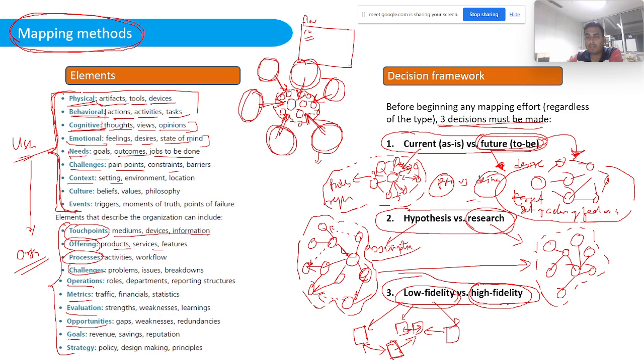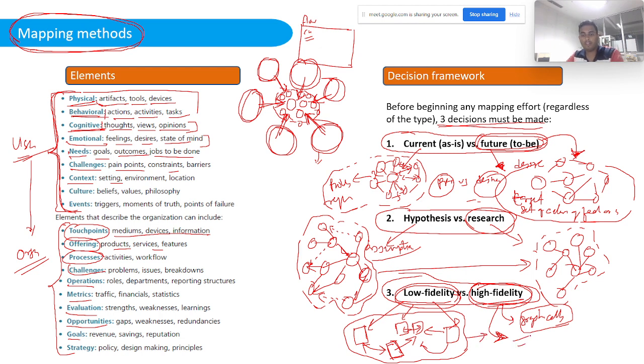However, high fidelity ones are those which are created later, mostly graphically. So these are detailed, and this takes time to create, but the information is very accurate, and there are fewer chances of change. So only at a later stage of your mapping you go for high fidelity mapping. Generally we start with low fidelity mapping, and we reiterate our mapping, and if we are satisfied, then we validate that, and only once those get validated we convert them into high fidelity maps.